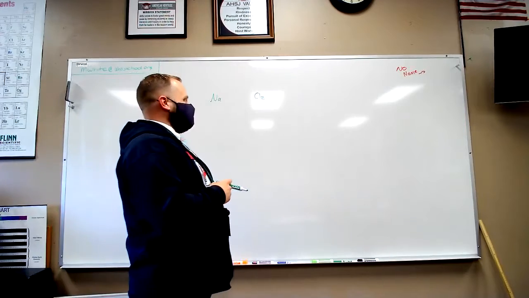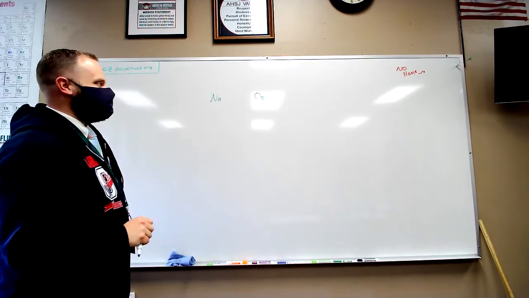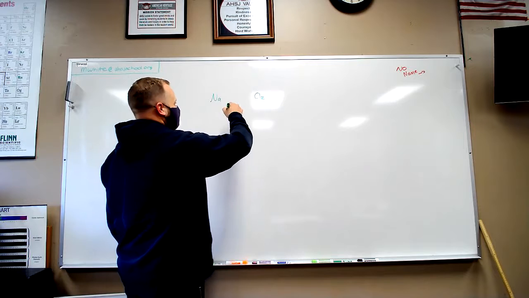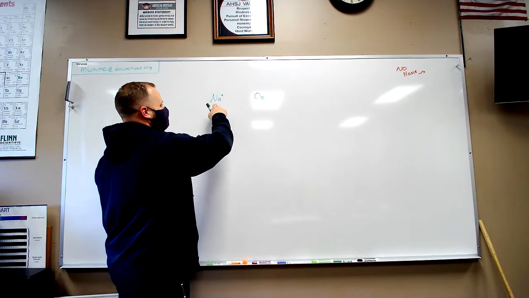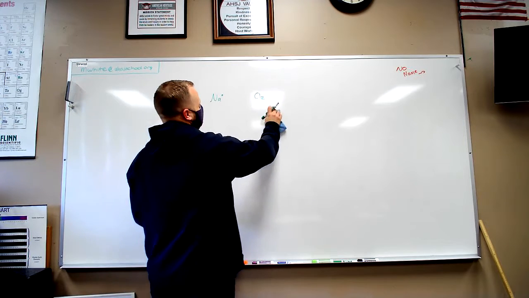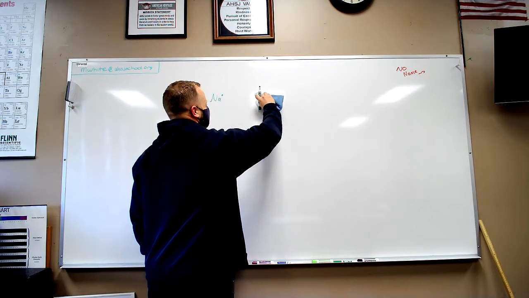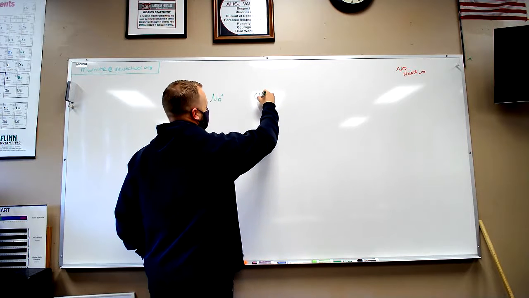Now, when we very first talked about ionic compounds, we said, okay, we've got sodium here with its 1 valence electron, and chlorine, okay, we'll swap one of them for now.